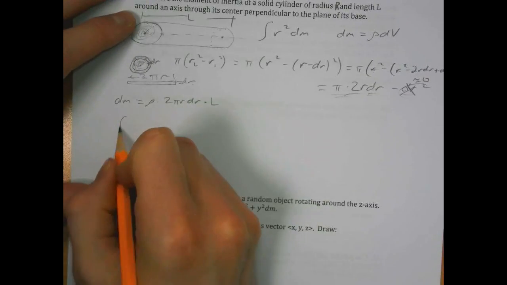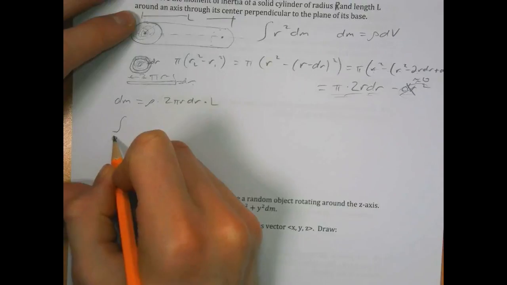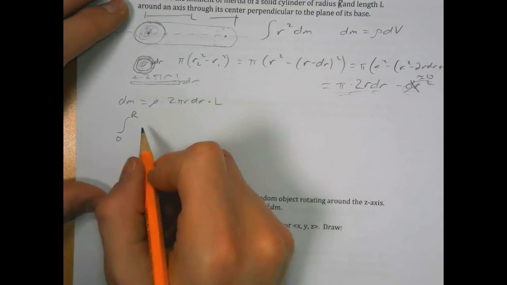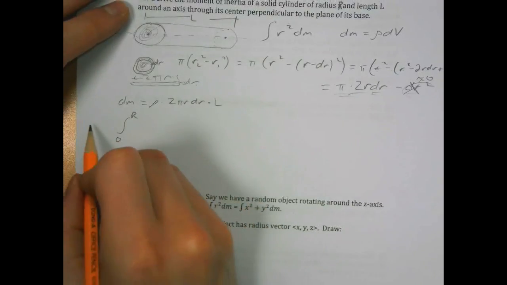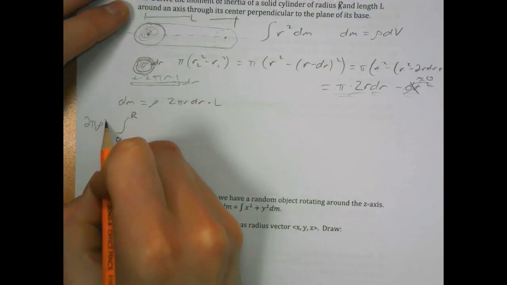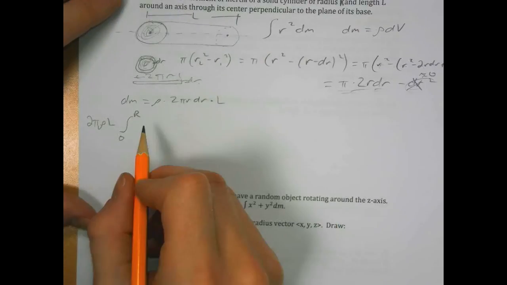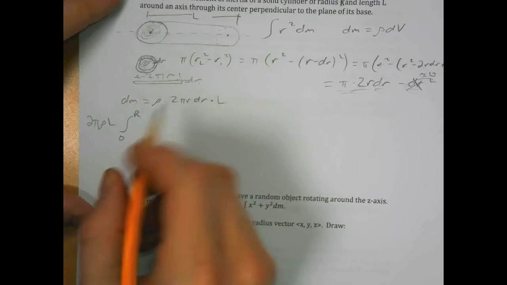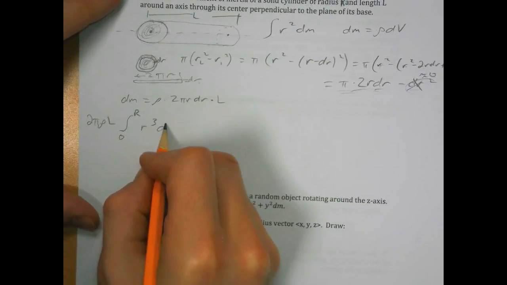We're doing it in polar coordinates, so we're just going from a radius of 0 to a radius of big R. And the 2 pi rho L are all constants, so those can come outside of our integral, which leaves us with an r times an r squared dr.